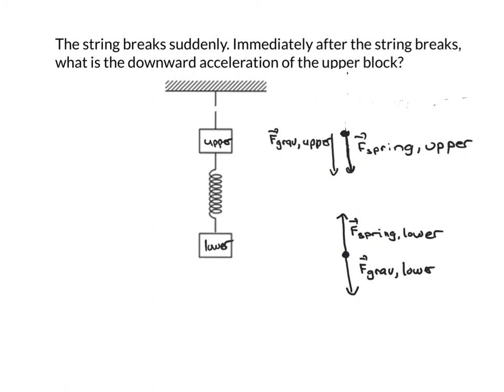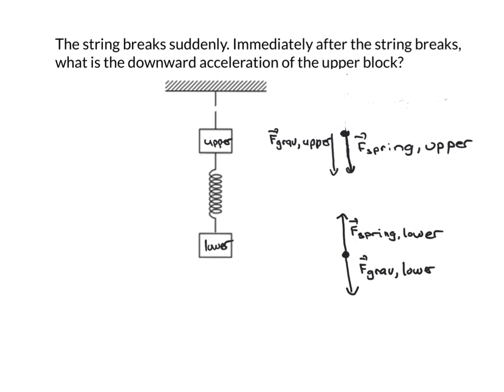So the spring force is going to be unchanged, at least for a moment, and the gravitational force is going to be unchanged. So if we look at our free body diagram now for the upper block, we can see there are only two forces acting on it. They both point in the downward direction, and that's going to cause the downward acceleration of this upper block.